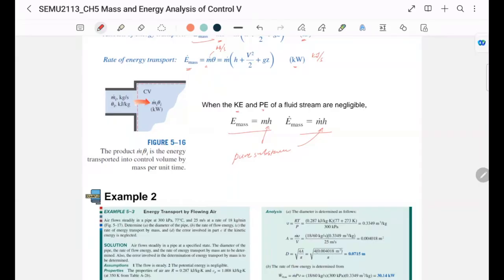Unless it's ideal gas, then we can use ideal gas equation. Special case. Otherwise, all the time we have to refer to property table to get the property, the enthalpy, basically.